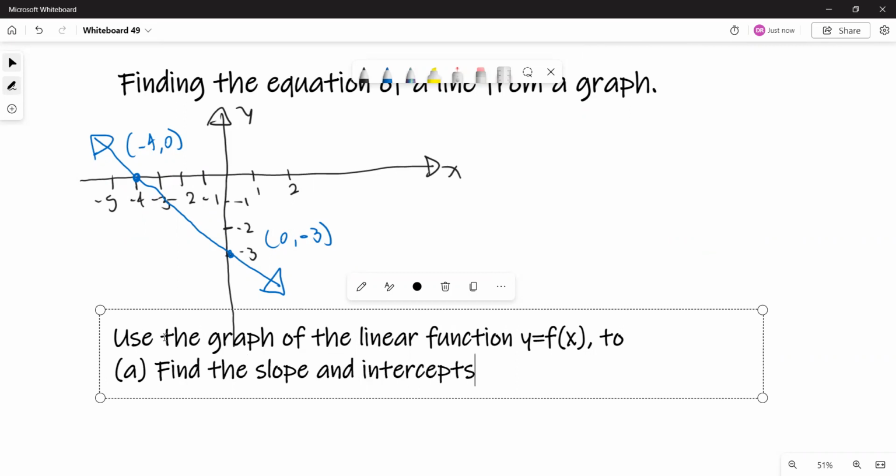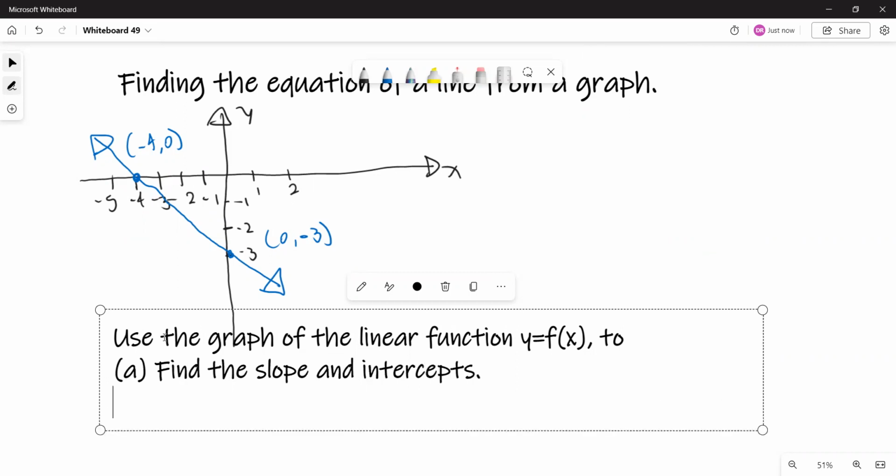We already have that, well, we can find them quickly from the graph, and write an equation that defines the function f, or write a function f of x equals mx plus b.